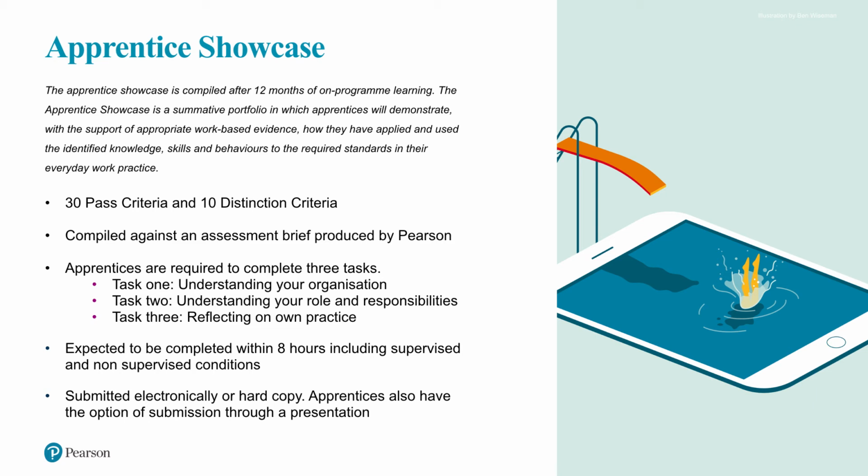In regards to how that's going to work, all endpoint assessment organisations have been tasked with creating an assessment brief, think an assignment brief, but not an FE-type assignment, supporting the apprentice in creating their apprentice showcase. To give you an understanding of the size of the apprentice showcase, there are 30 pass criteria and 10 distinction criteria. It's the largest element of endpoint assessment, and equates to about 65% of the total apprenticeship standard in regards to criteria.